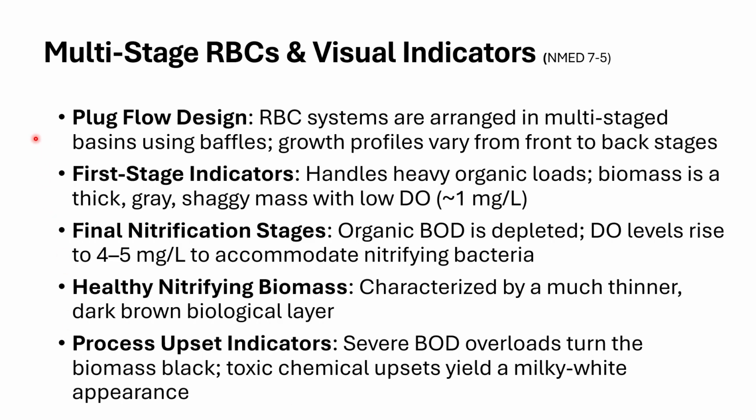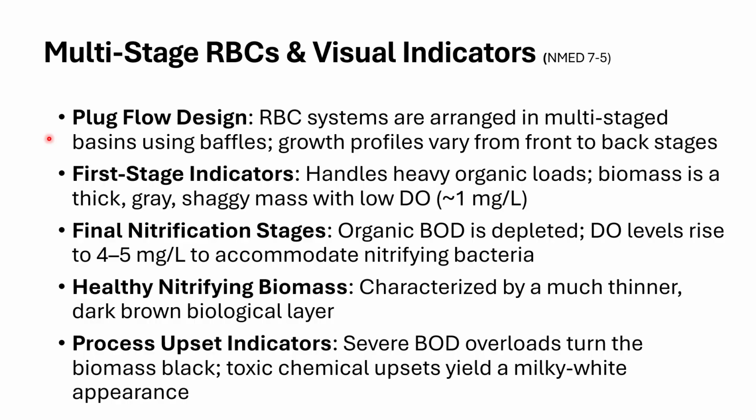Okay. So we can also have multi-stage RBCs that we saw earlier, and we've got some other indicators we can look at. We can have what's called a plug flow design, and what that is, we can have baffles.